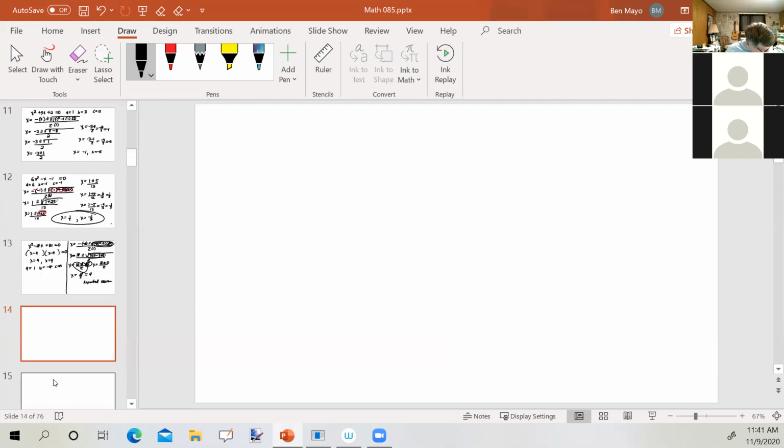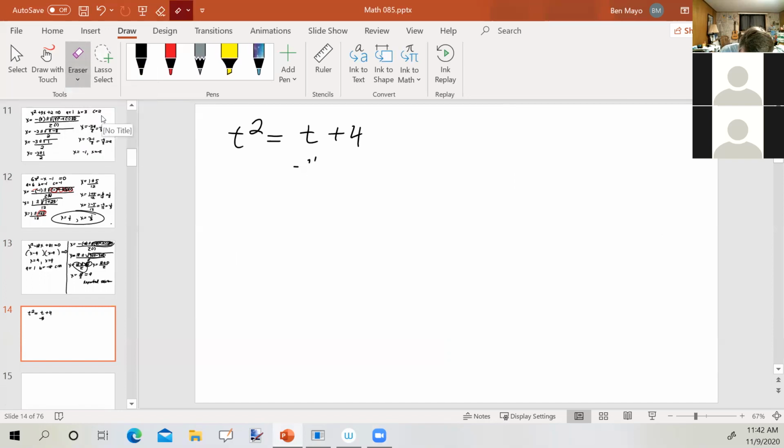All right, let's take a look at this one. t squared equals t plus 4. This is no longer in standard form. So we're going to subtract, oops, not 4. Well, we are going to subtract 4, but I was going to do that later. Here we go.